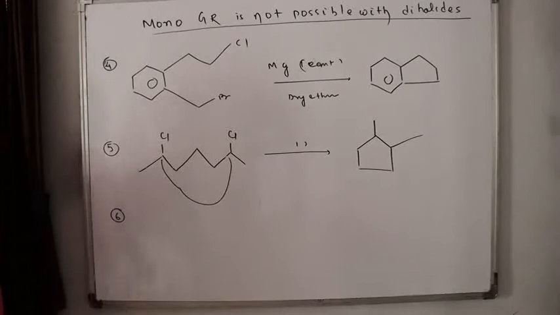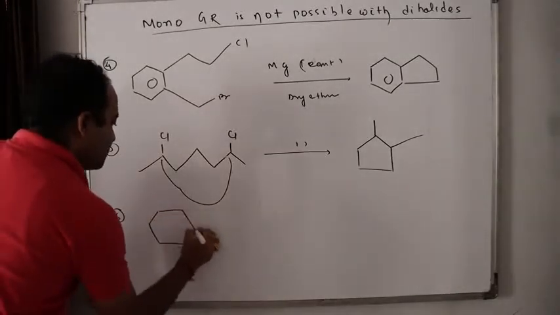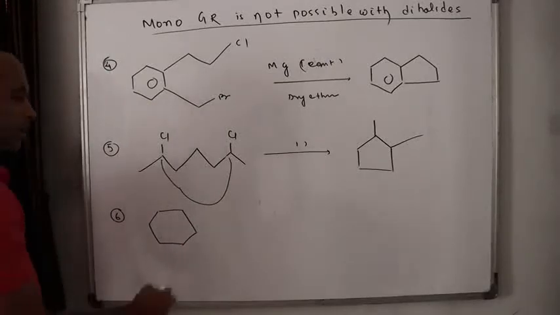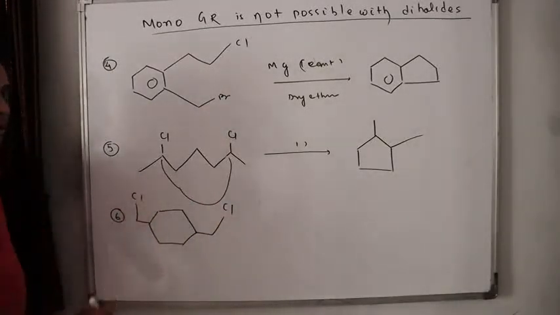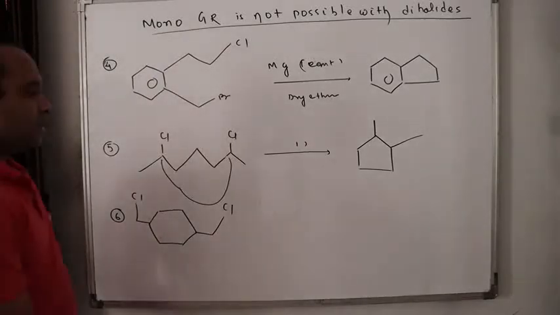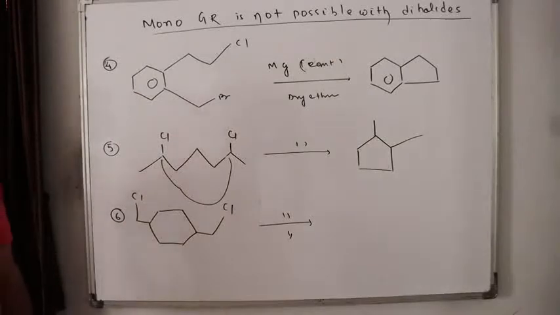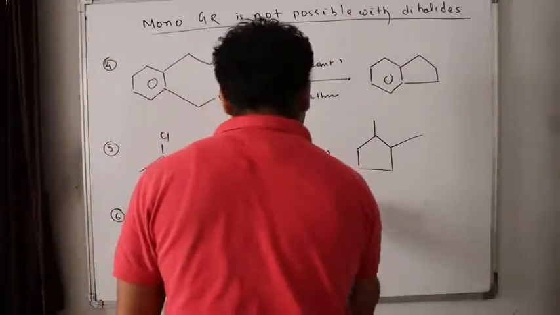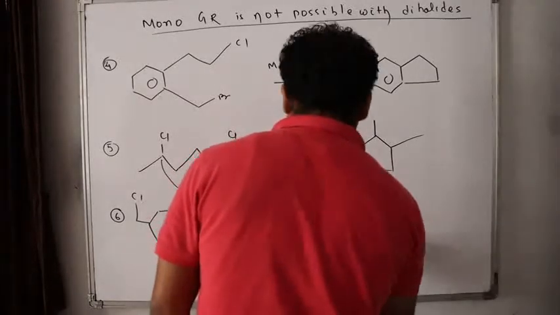Now tell me, in the sixth question, what will happen? It is given like this. What will happen with this same thing? Do you agree with me or not? That will have something like this.